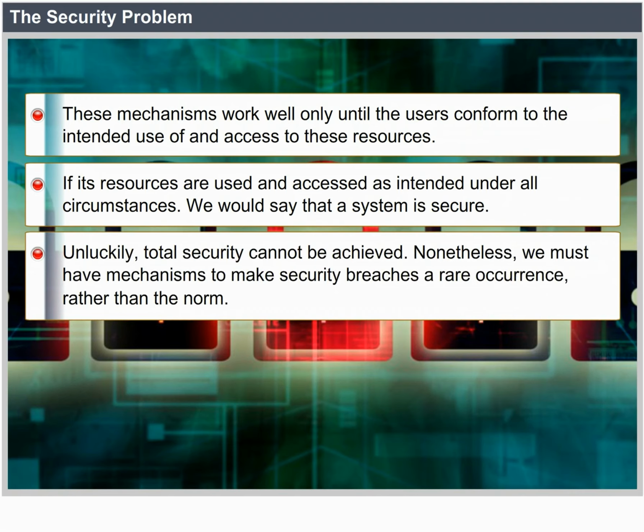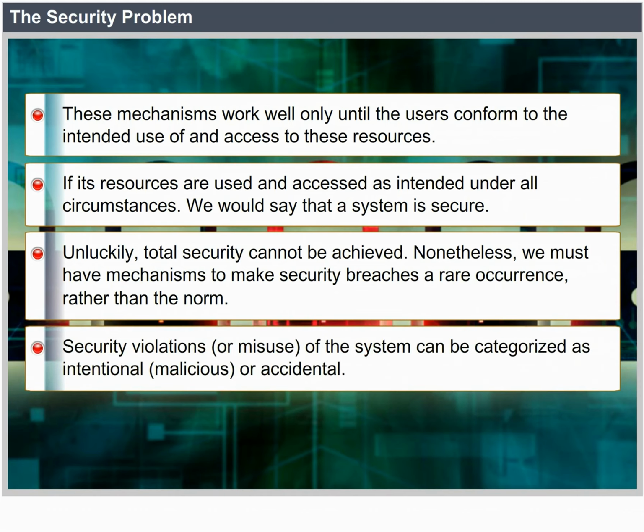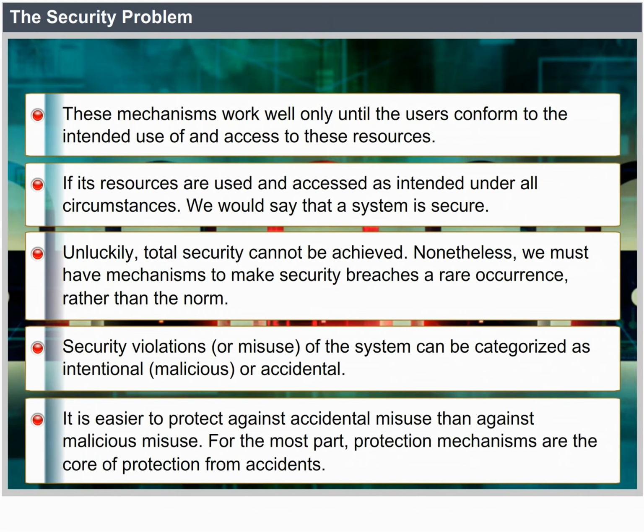Security violations or misuse of the system can be categorized as intentional, malicious, or accidental. It is easier to protect against accidental misuse than against malicious misuse. For the most part, protection mechanisms are the core of protection from accidents. The following list includes several forms of accidental and malicious security violations.